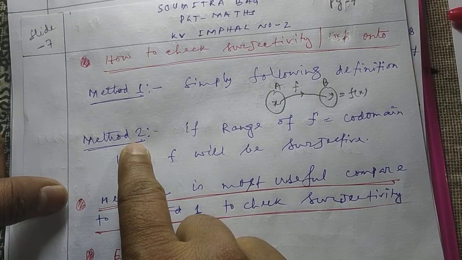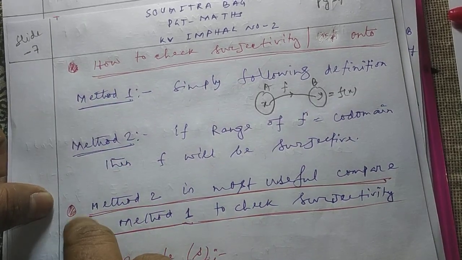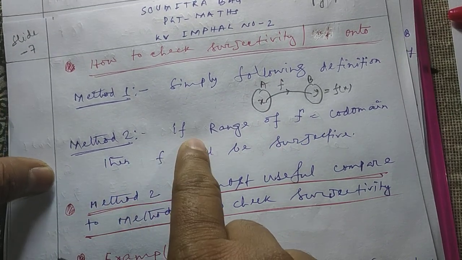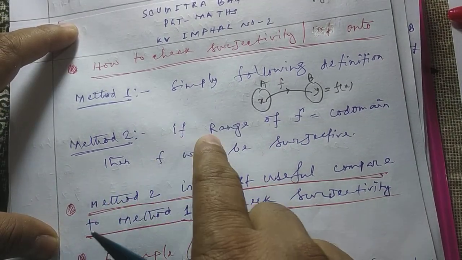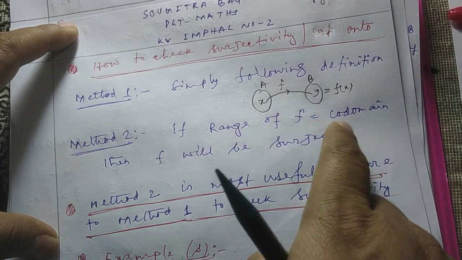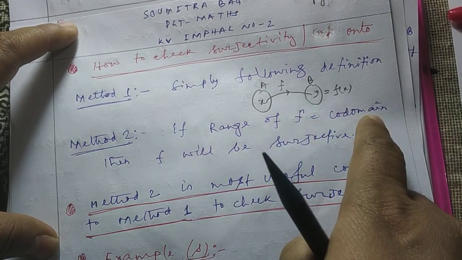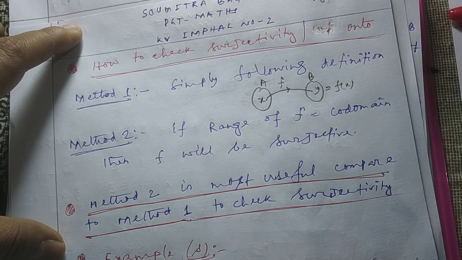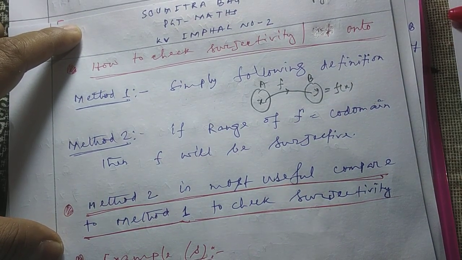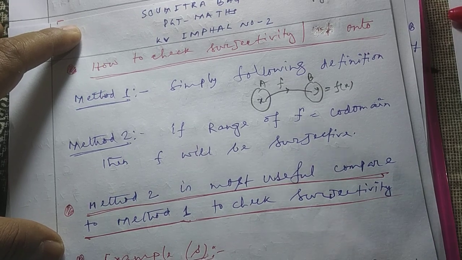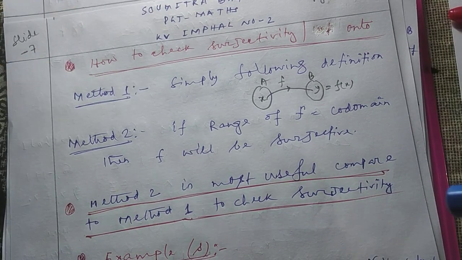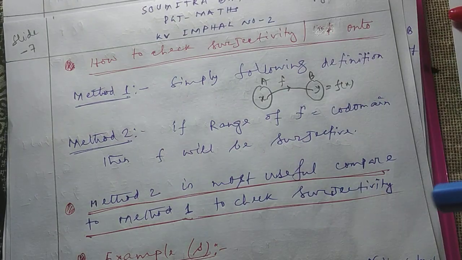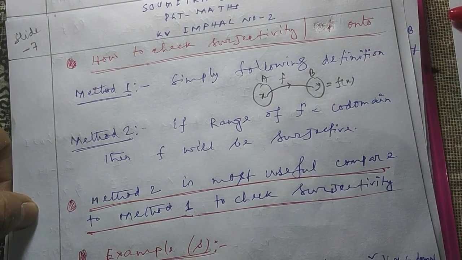Now let us come to method 2. Method 2 is very easy to use. According to method 2, a function f will be surjective if its range is equal to its codomain. That means in this case, first we have to find the codomain and range, then compare. If you see both are equal, then f will be surjective. If they are not equal, f is not surjective.